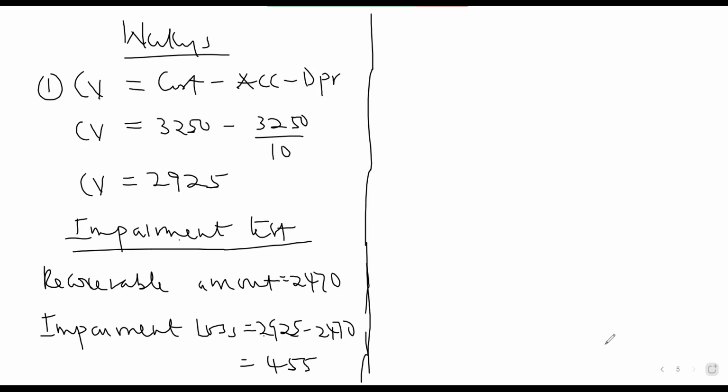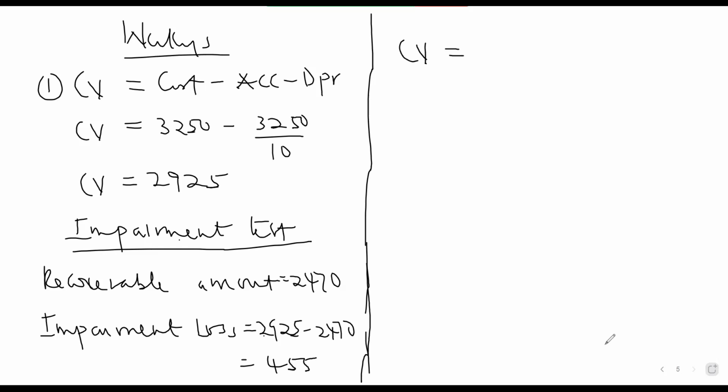So when was the second impairment test carried out? That was 30th September 2008. Okay. That is 2 years after the first one, isn't it? Yes, sir. Okay. What do we have to do? We need to know the carrying value as at that date.